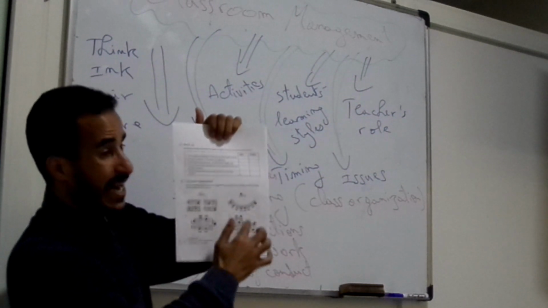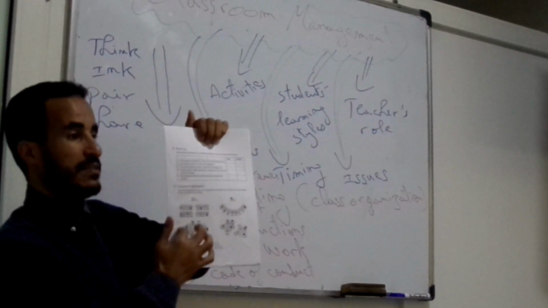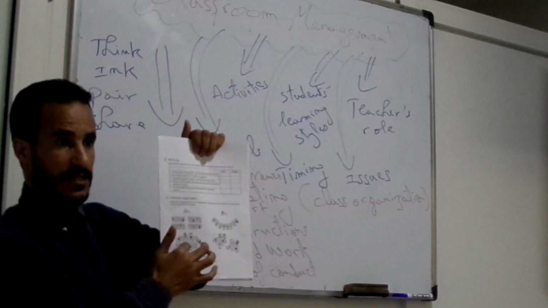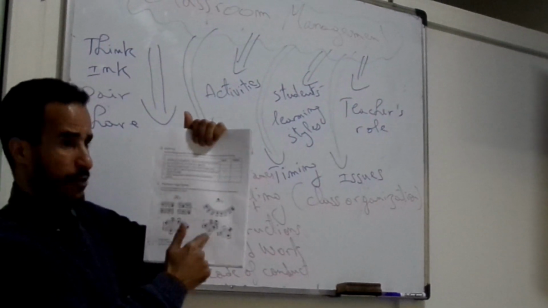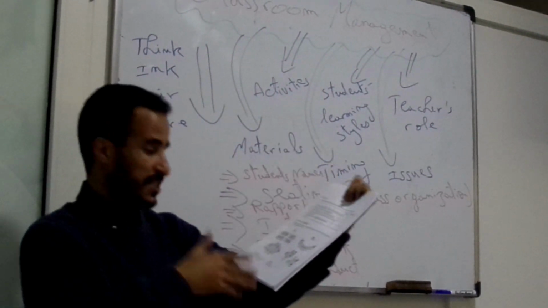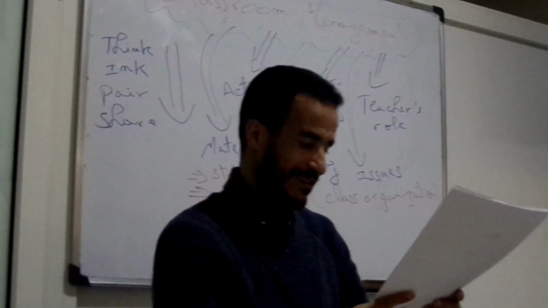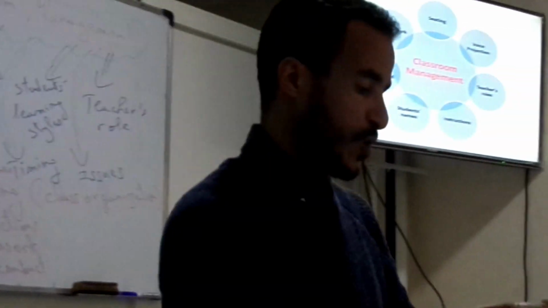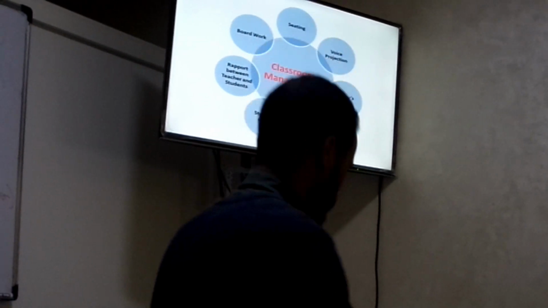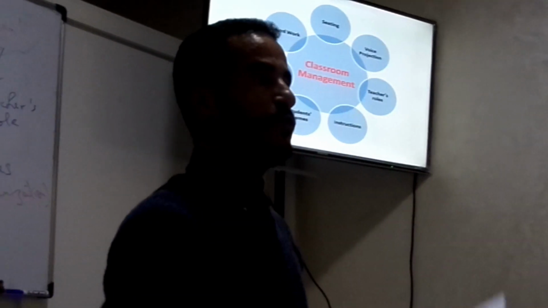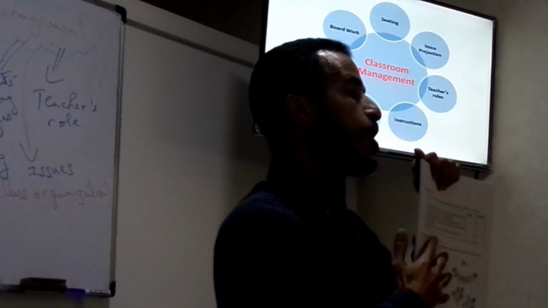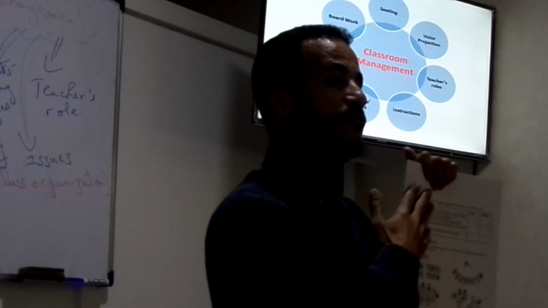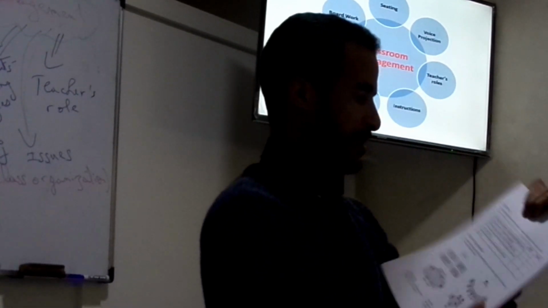You have different types of seating arrangements and you have to match them with a large class, a small class, grammar presentation, peer work, group work, or written exam. I'm going to give you 5 minutes. You do activity number 1 alone. Once you finish, you can pair with your partner.